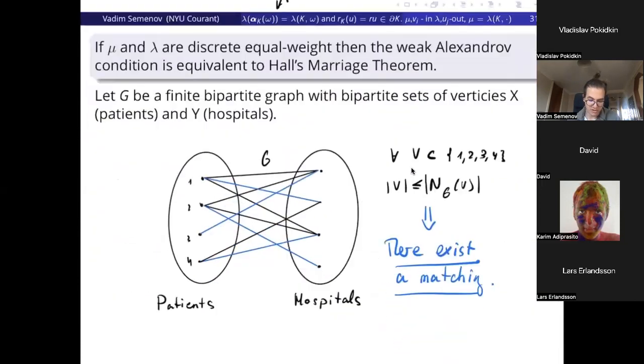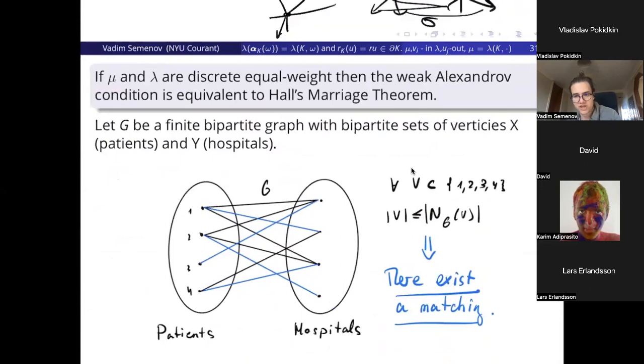Well, it turns out that this is completely the same as Hall's marriage theorem. Okay, and I think everybody knows what Hall's marriage theorem is. I will not spend time on this, but you have two sets of points, for example the same amount of them, then you have some edges between these points, and the question is: does there exist a bipartite matching in this setting?